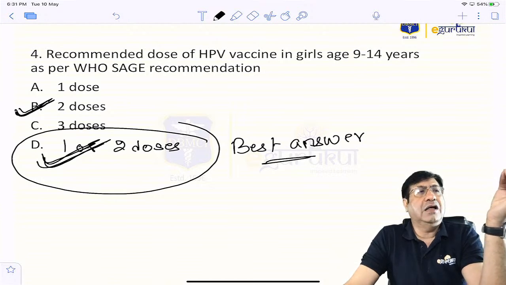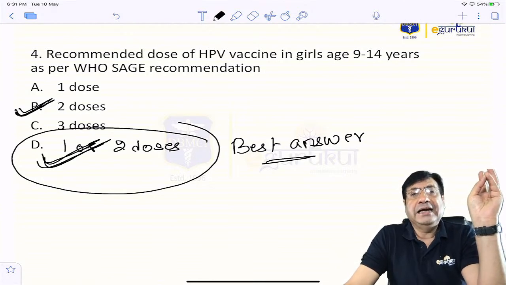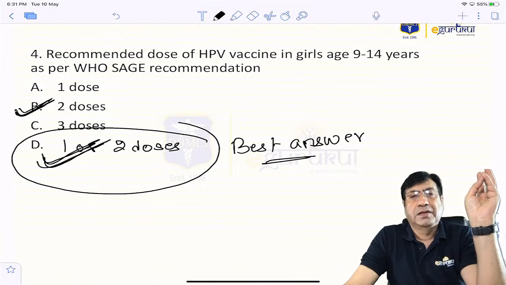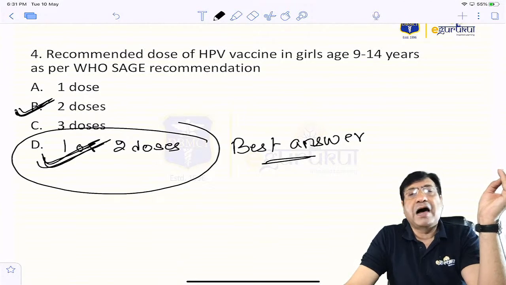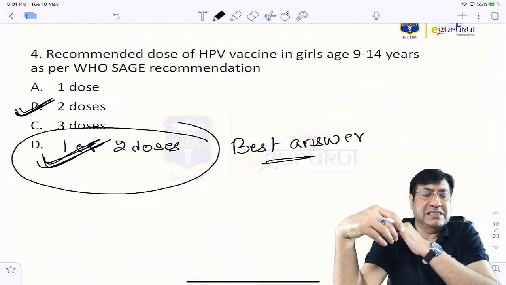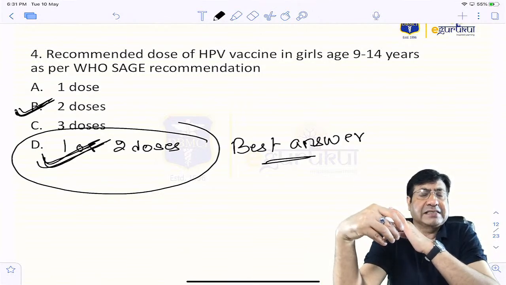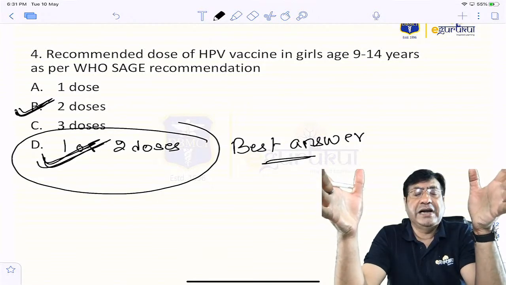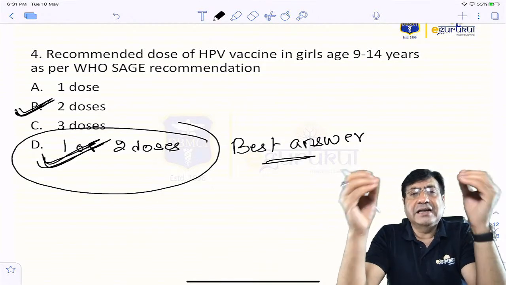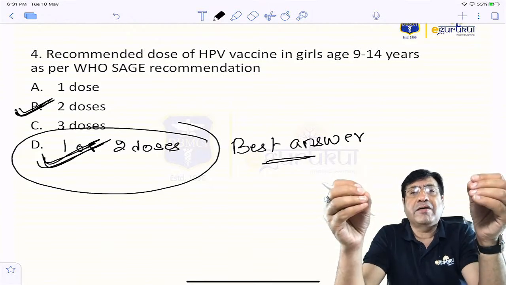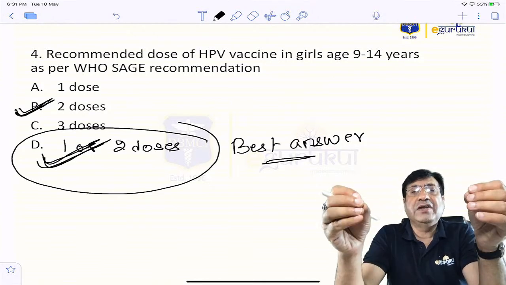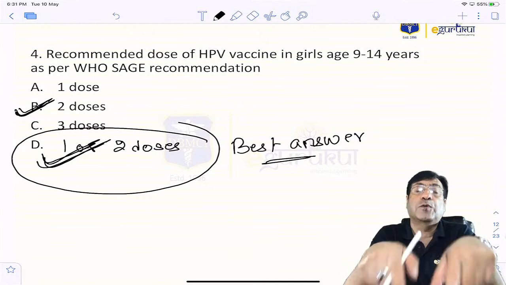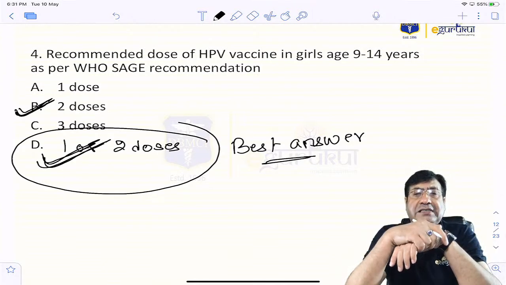Other contraindications: any encephalopathy that develops after giving a DPT vaccine, or any hypotensive or hyporesponsive episode, or any seizures that develop immediately after a DPT vaccine. Those are other contraindications to a DPT vaccine. But please understand that the most acceptable contraindication for all DPT vaccines is that the child should not be given a DPT vaccine if there has been an anaphylactic response with the previous dose of DPT vaccine.